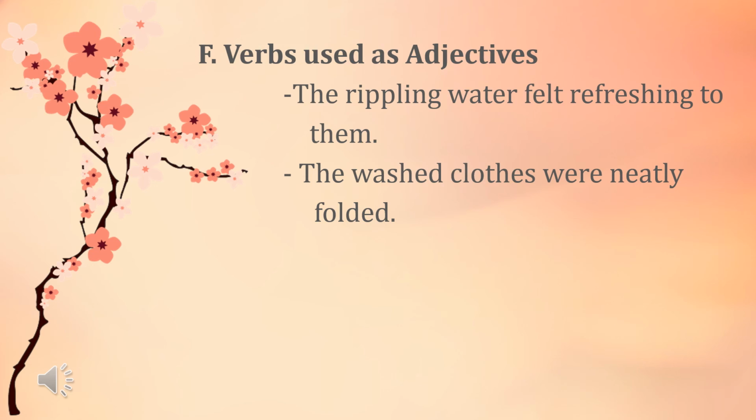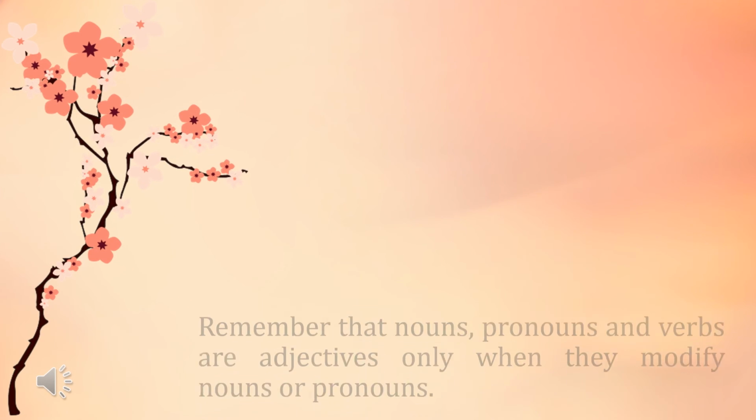Our adjective in the phrase rippling water is rippling, and it modifies the noun water. In the phrase washed clothes, our adjective there is the word washed because it modifies or describes the word clothes. Okay? And that is what we call verbs used as adjectives.